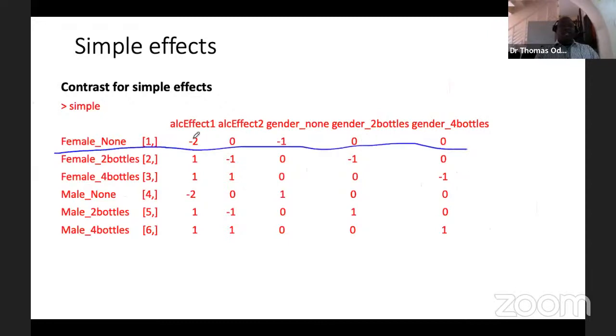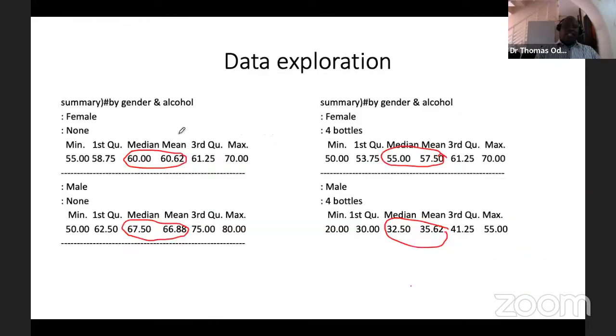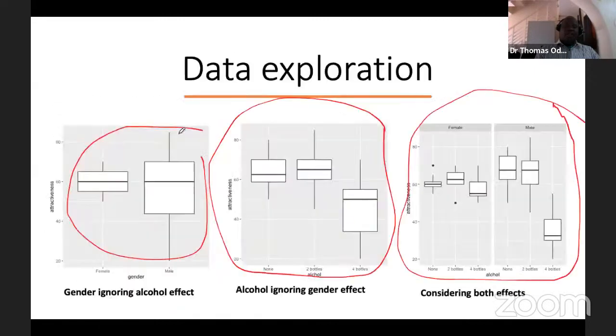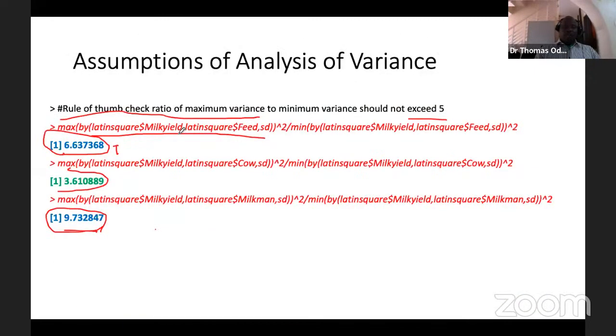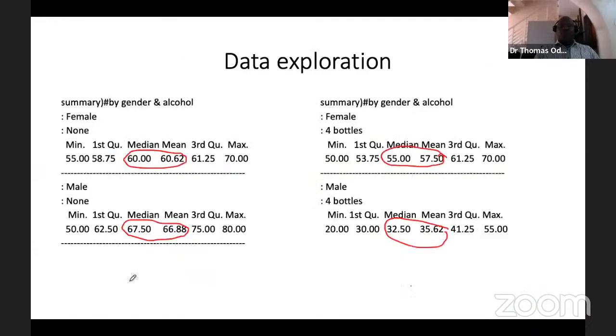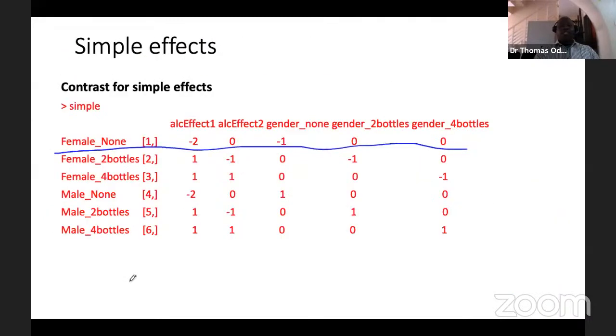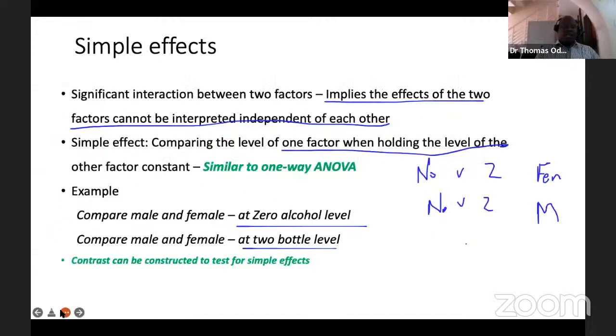Remember, if we look at our table here, we have female none, female 2, female 4, male none, male 2, male 4. I want to have it here so that you can see exactly what's happening, so let me first clean this up a little bit.